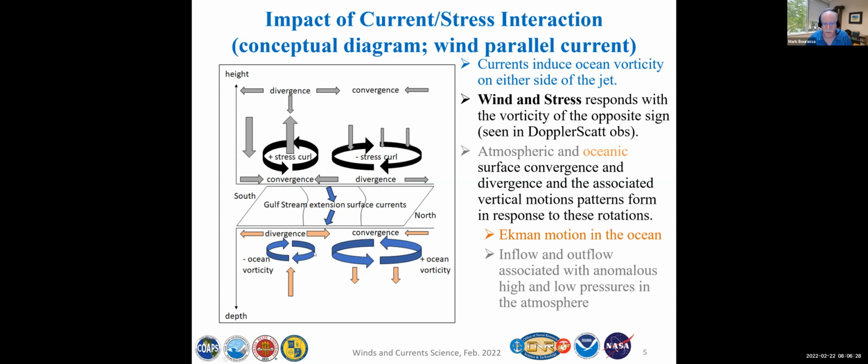So we're going to get the Ekman upwelling and downwelling in certain places and the corresponding currents at the surface. And in the atmosphere, we're going to get convergence and divergence with the associated upward motion as well. So this kind of pattern is what we would expect to see if this current and wind coupling happens. And let's see if we see parts of this in the model.